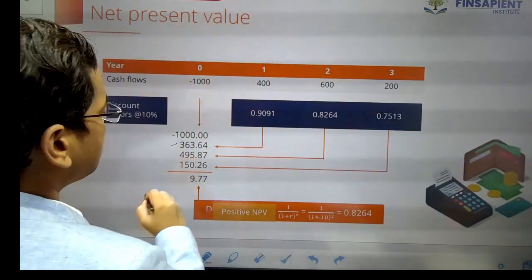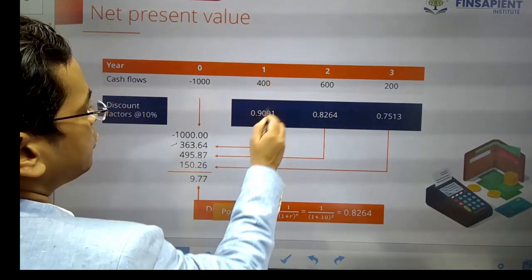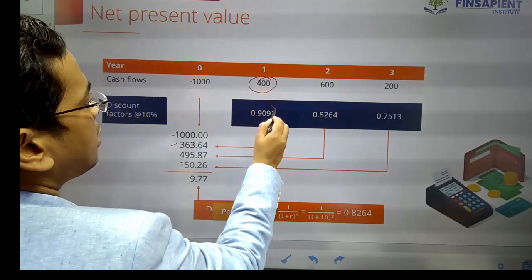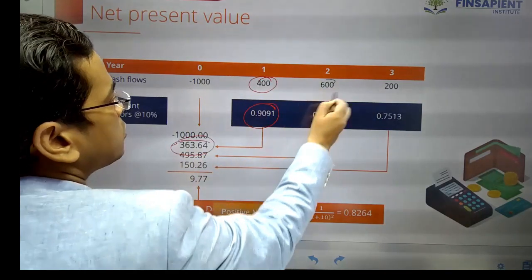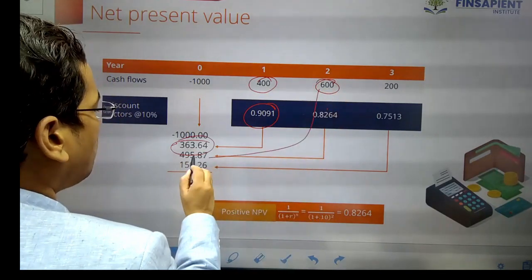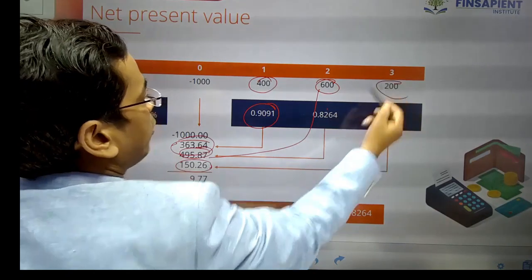So this 363 is the value of the first year cash flow discounted by this factor. We get 363. This value becomes 497, and finally 150 for the $200.